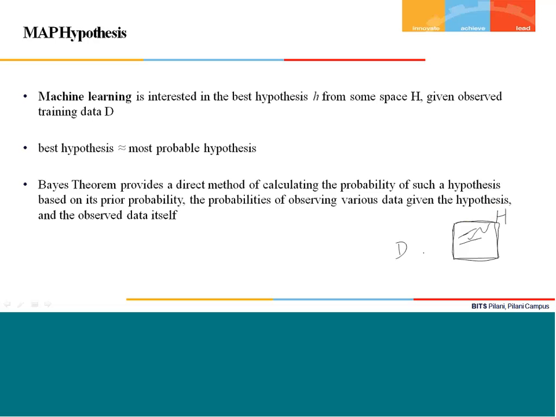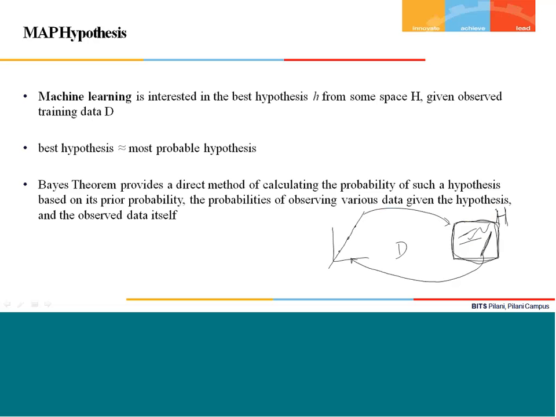For example, if my data is this, then this is the line that describes my data very perfectly. So if this line is also available in this space capital H, then my task is to find out the hypothesis among all the hypotheses in this space that describes my data perfectly, or accurately, or most likely, I would say.